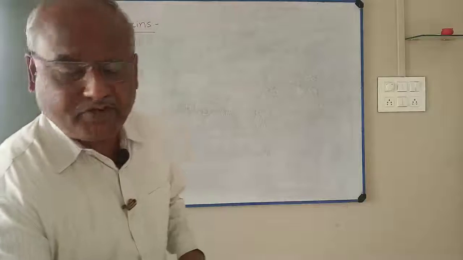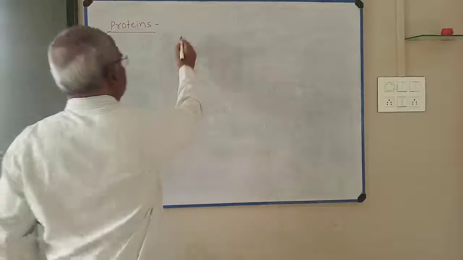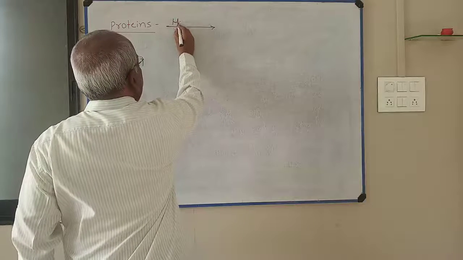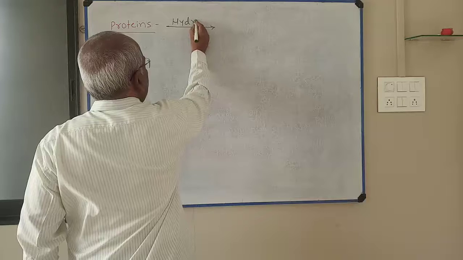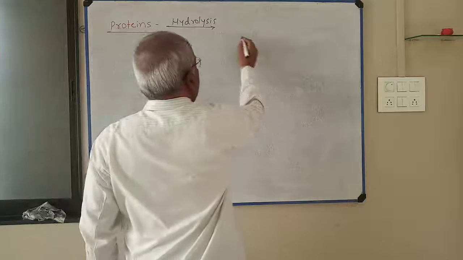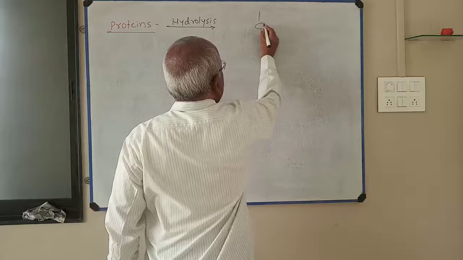So I represent here, these are proteins. When proteins undergo hydrolysis, they give a large number of alpha amino acids.